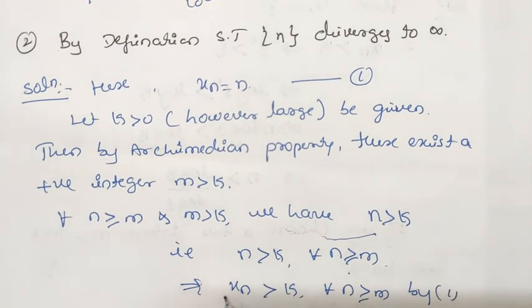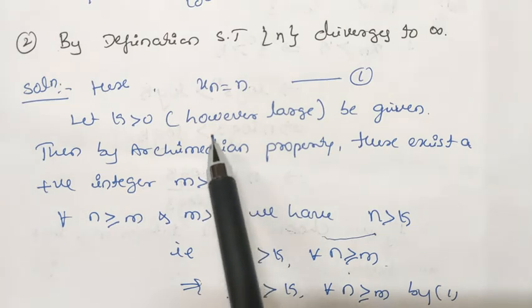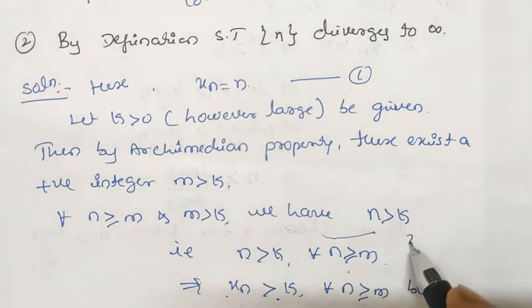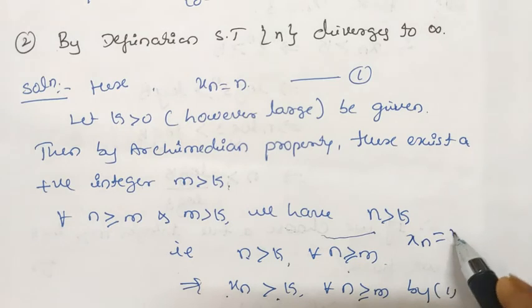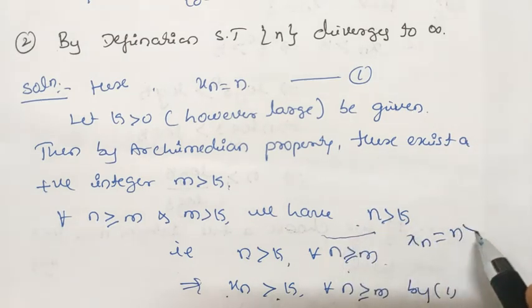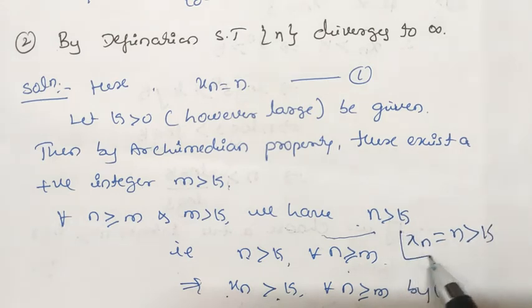So n is greater than k for all n greater than or equal to m. See here, xn is equal to n, and n is greater than k. This implies xn is greater than k, from equation number 1, because in equation number 1, xn is equal to n, and n is greater than k.